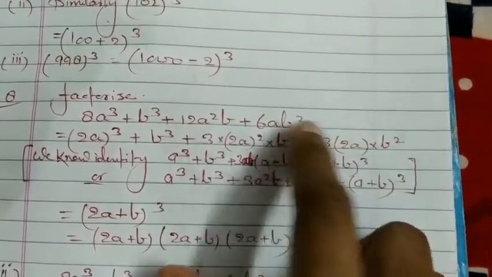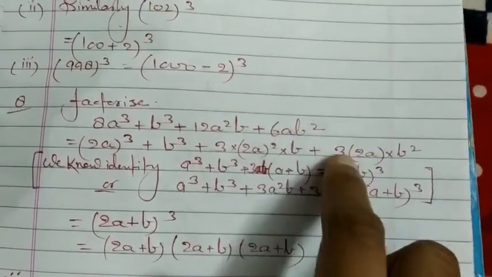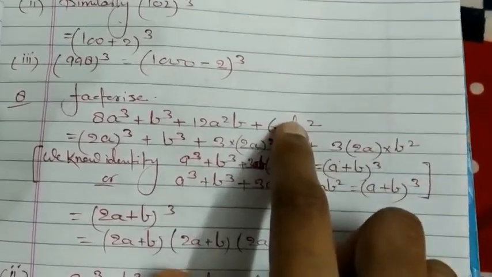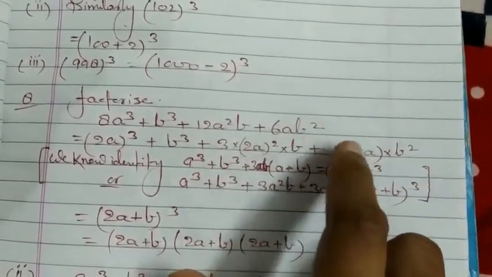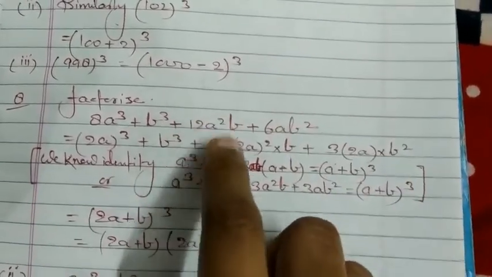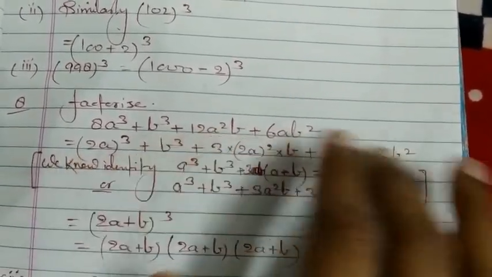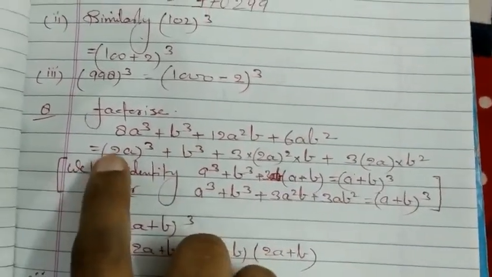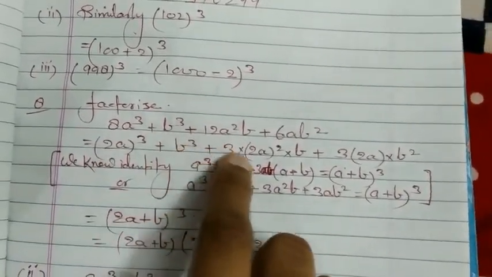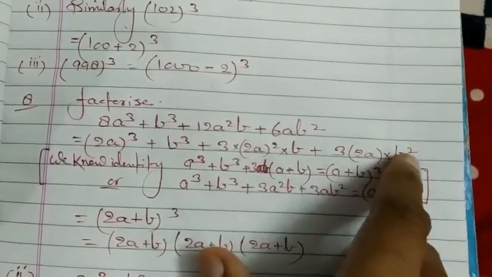If you solve it, you will get this, and that should come. After solving this, this should come, or we can say we have written this in this form, this and this term in this form. Fine. So first of all you will arrange it. Now you can say that this is a cube plus b cube plus 3a square b plus 3ab square form.